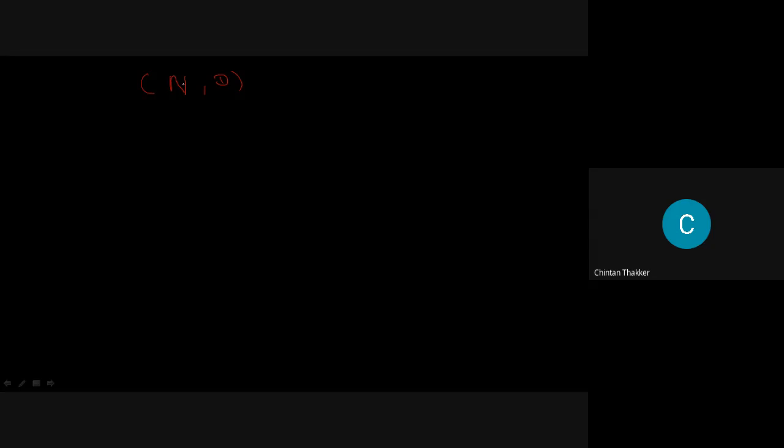N, D is a poset. Now we take B equal to 16, 24, and 30.